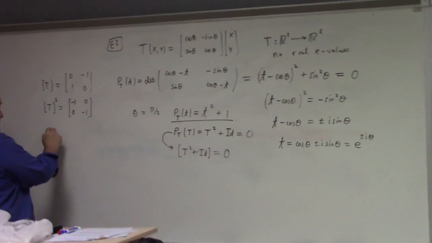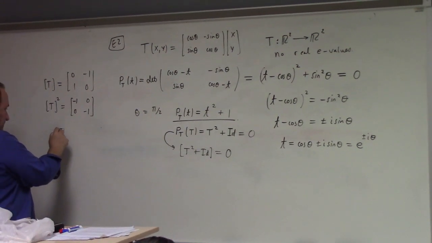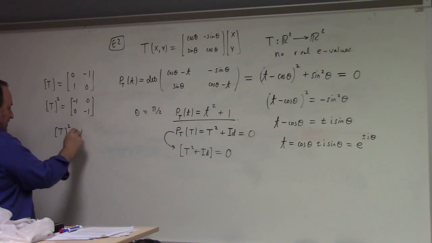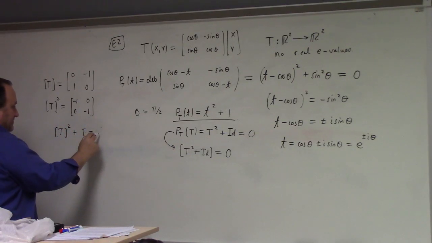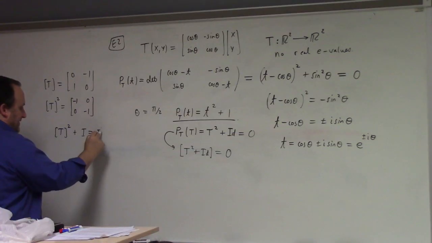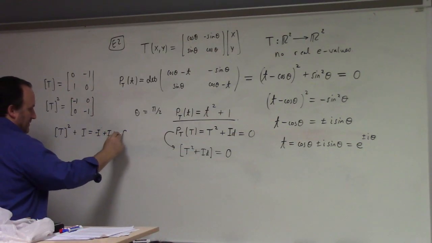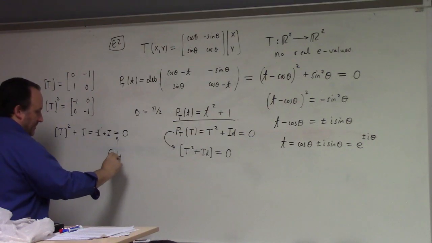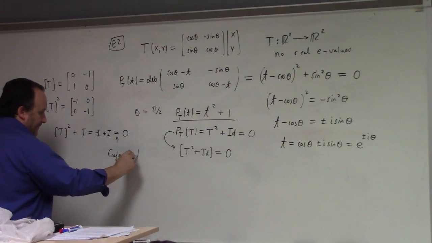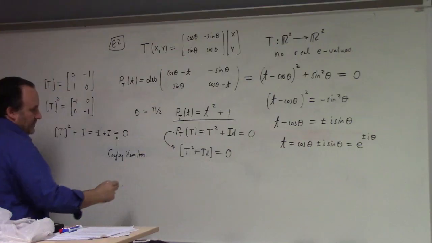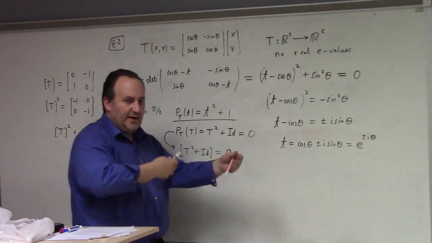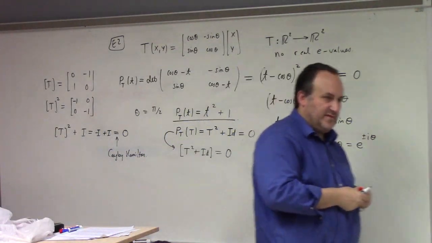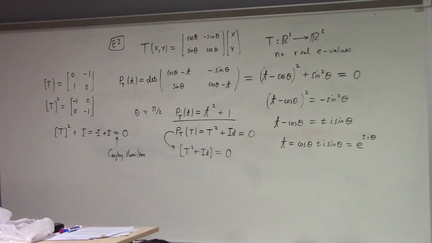And so you can see what happens: the matrix of t squared plus the identity matrix is minus I plus I, which is 0. This happening is the Cayley-Hamilton theorem. Alternatively, you could work out the rule for the composition of the map with itself plus the identity map, and you could see that, in fact, that's the zero transformation.